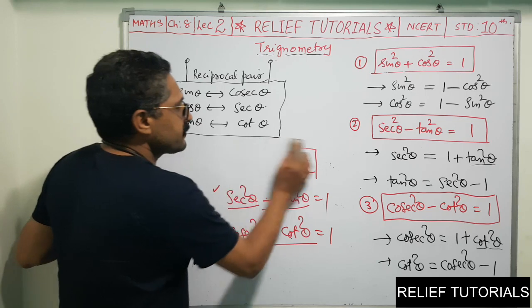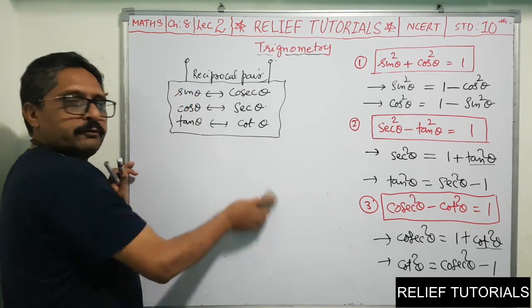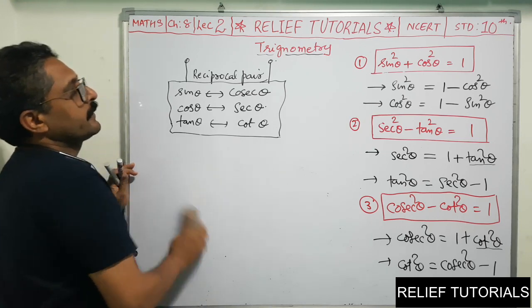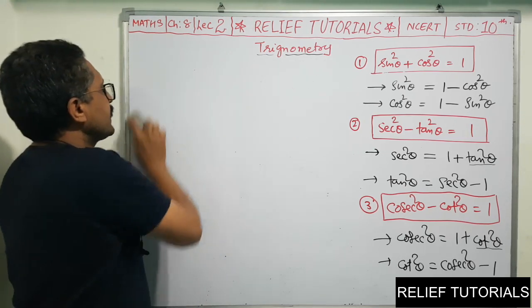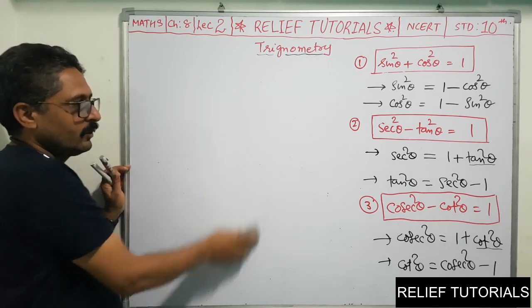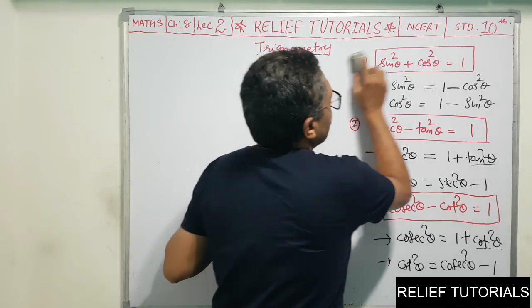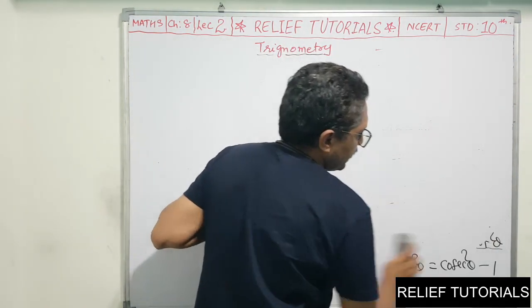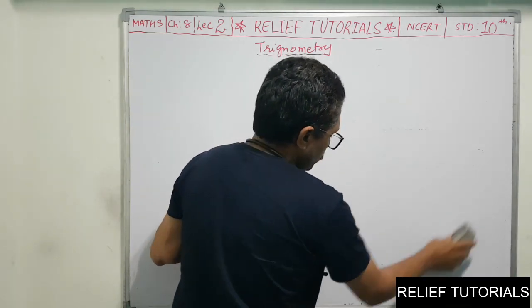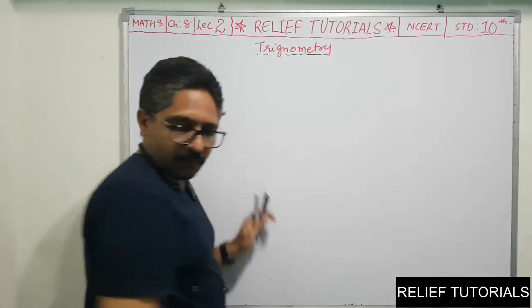Okay. So with this we have completed our theory. Now we will do a few problems. See, this table is quite necessary. Always it should be in front of you. Go through these formulas, write them as many times as you are able to remember them. Keep on practicing these formulas.